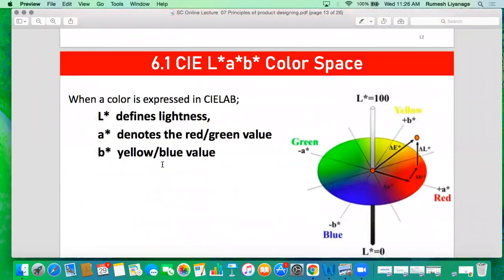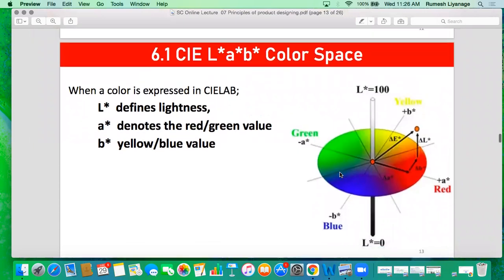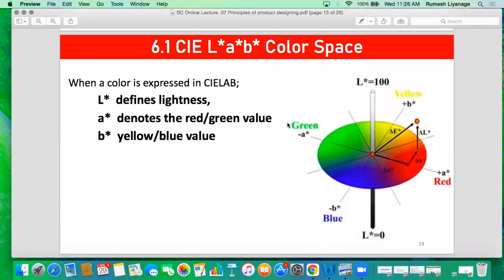So LAB means L is lightness, A is the red-green value, B is the yellow-blue value. In this example you can see L means lightness, so L equals 0 means it's dark, and a higher lightness value is close to white. A means red-green value, so if it is plus A, it means somewhat around red. If it is minus A, it's close to green.